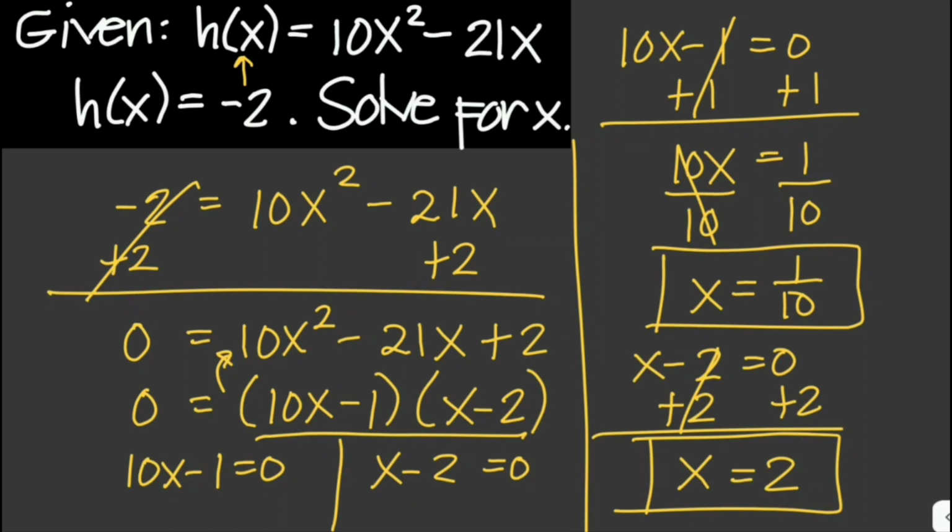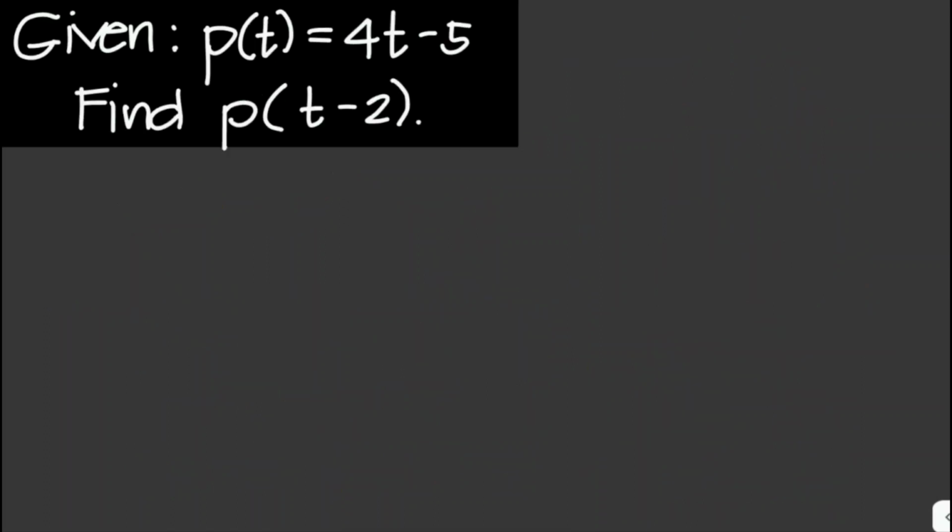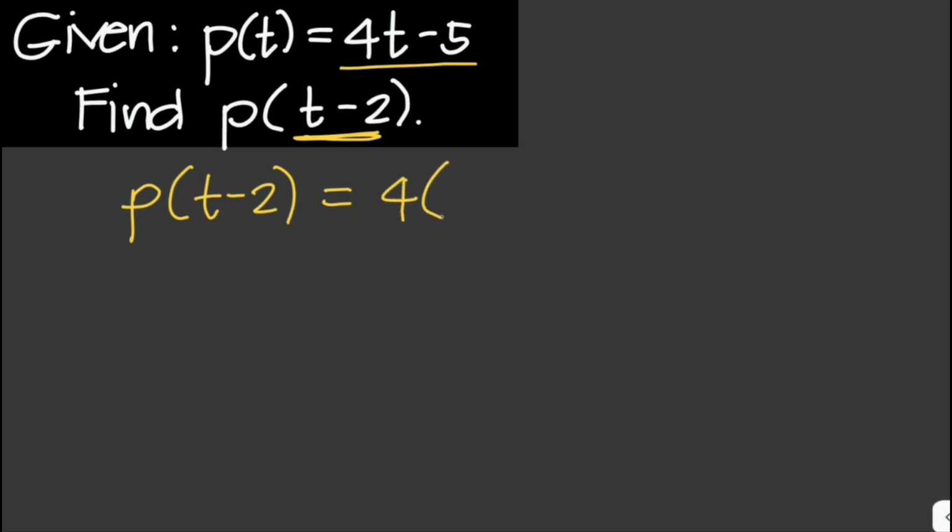Okay, let's solve another problem here. We're given p of t equals 4t minus 5. We just have to find p of t minus 2. So we're given the input value of t minus 2, and just plug in this value to the equation. So p of t minus 2 is just equal to 4 times t minus 2 minus 5.